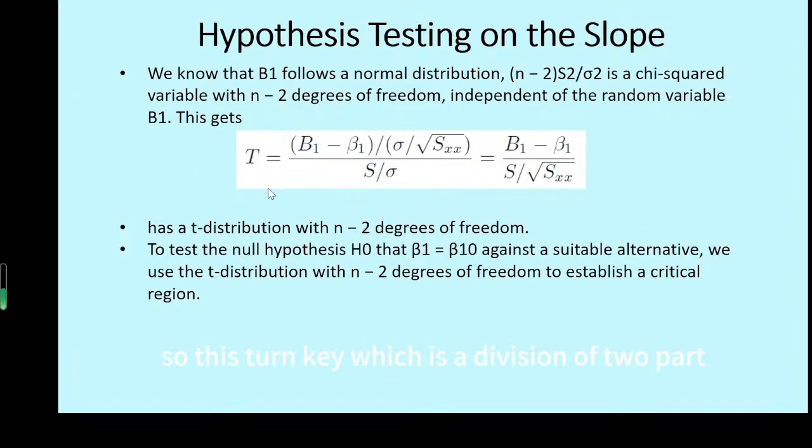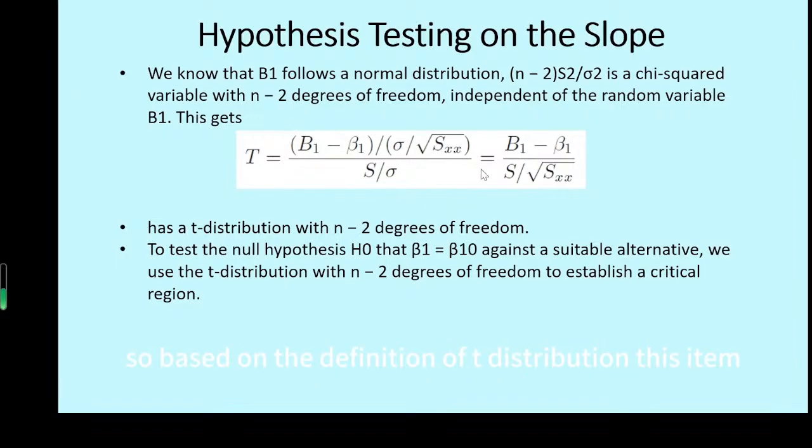So this term T is a division of two parts. You can see the numerator is a standardized normally distributed random variable, because it is b1 minus its mean, divided by its standard error. So this item follows a standard normal distribution, and S divided by sigma follows the square root of a chi-squared random variable divided by its degrees of freedom.